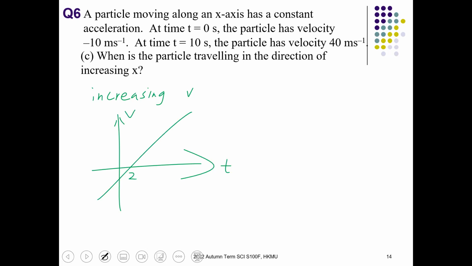At t equals 2 seconds, v equals 0. When t is larger than 2 seconds, we have positive velocity, so the answer will be t larger than 2 seconds.